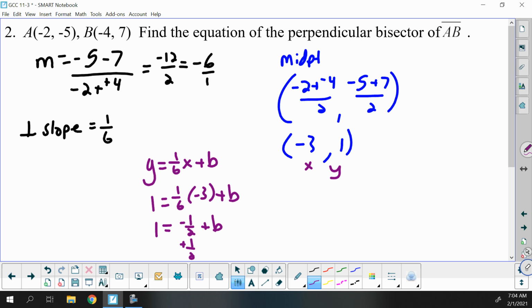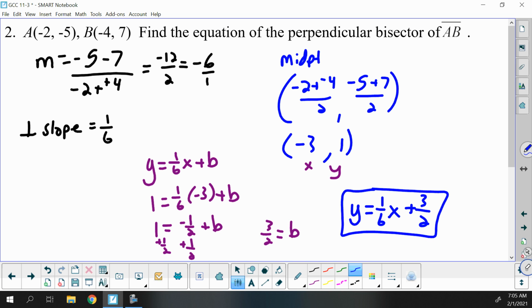Add the 1/2 over, and we'll get 3/2 is equal to b. Again, all you've got to do is put those in the calculator, and it'll give it right back. So our final equation now is y equals 1/6 x, and then our b value of plus 3/2. And this is the line that will cut our original line segment in half and do so at a right angle.